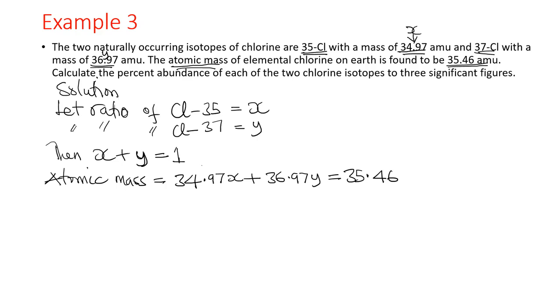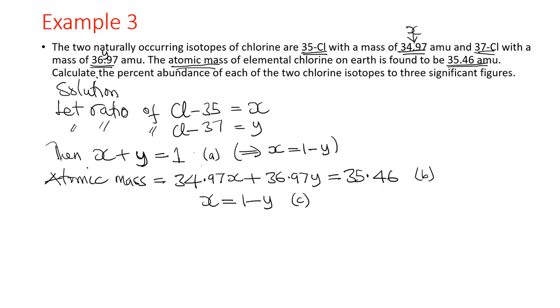Now, this is equation A. This is equation B. But if we take equation A, this equation can imply that x is equal to 1 minus y, which is kind of equation C.